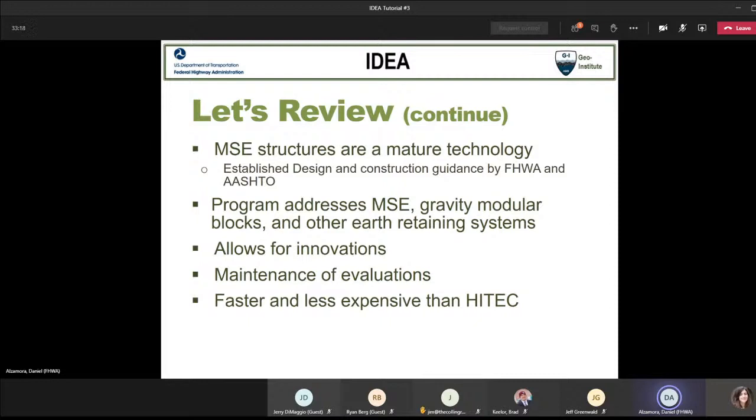Things changed, but there was no mechanism to accommodate those changes. With IDEA, we're hoping that this maintenance process allows current evaluations for the owners to incorporate into their projects. And we're looking at a faster and less expensive process than what we have been doing with high-tech. I'll cover a little bit more of what I mean by that later.